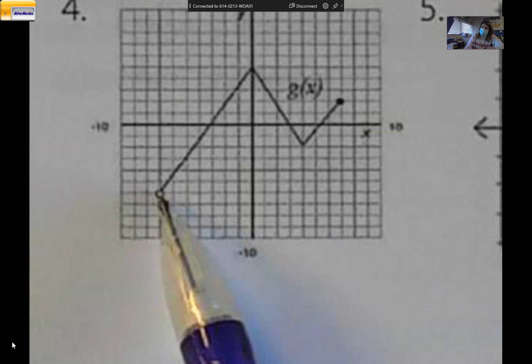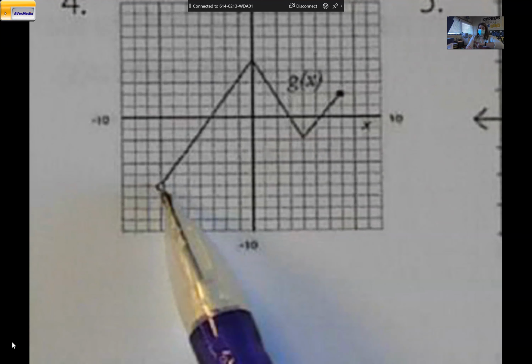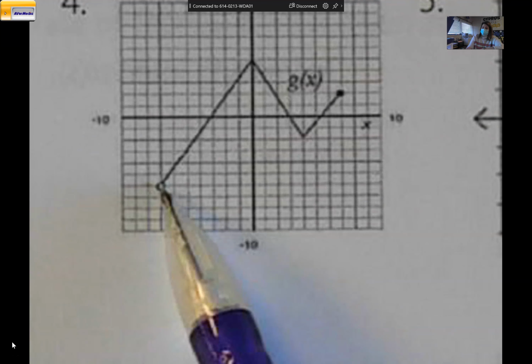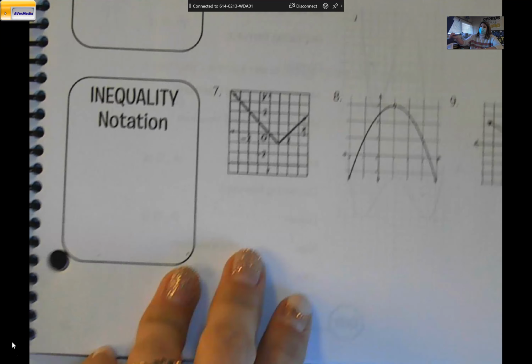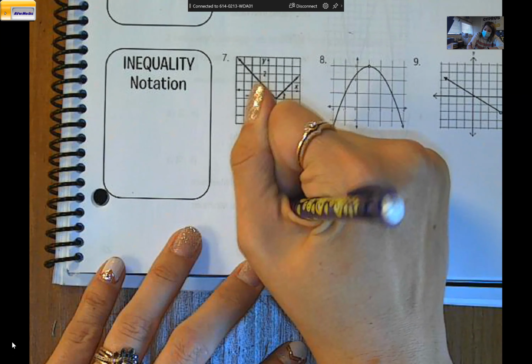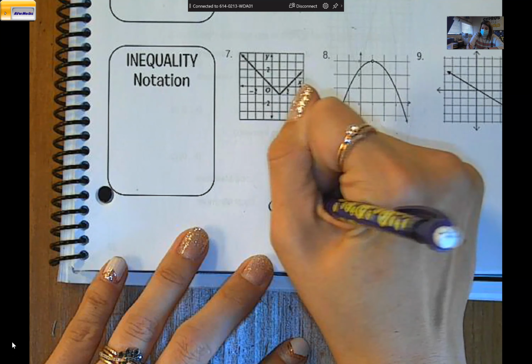If you look very closely, can you guys see how he has an open point there? If you have an open point on your graph, that means that x cannot equal that number. So maybe we should write that down somewhere. I'm going to write this down at the very bottom of my paper. I'm going to say, if I have a point that is open, this means not equal to.